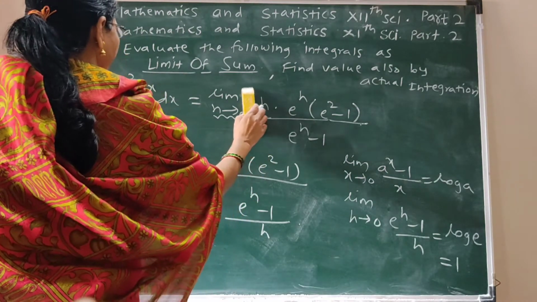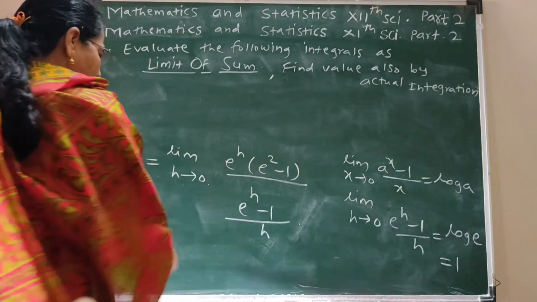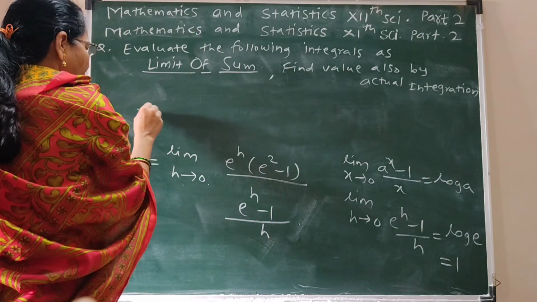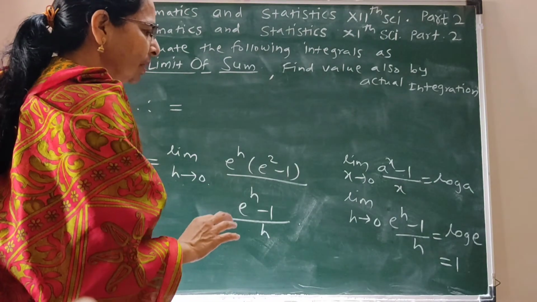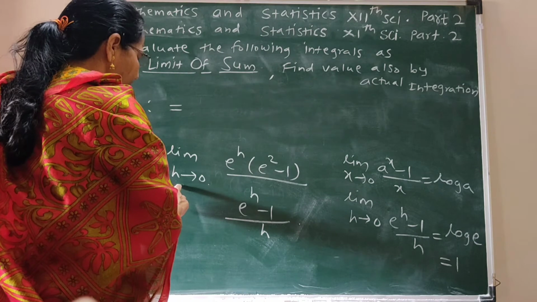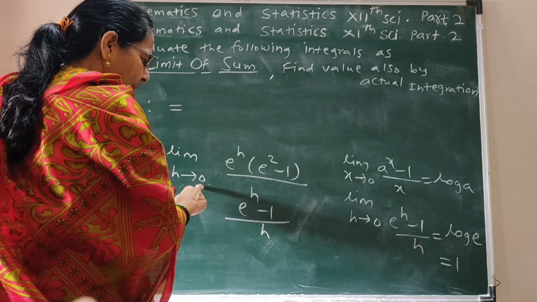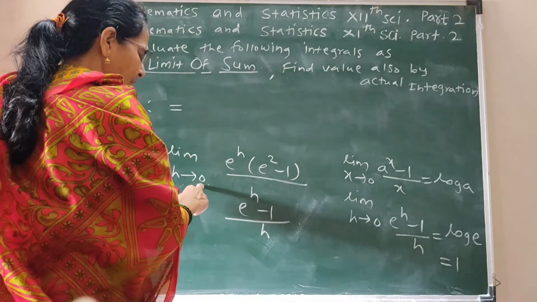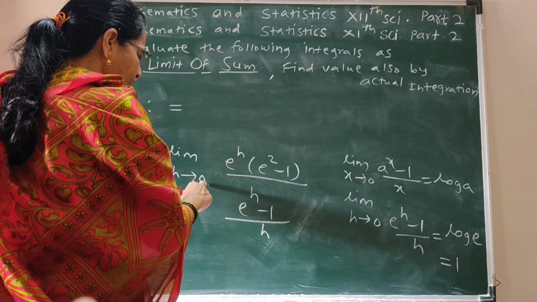Therefore, now we have to put all these values. Don't write the word limit; in place of h, put the direct value of h, which is 0.